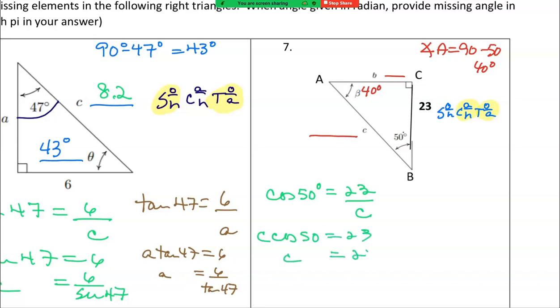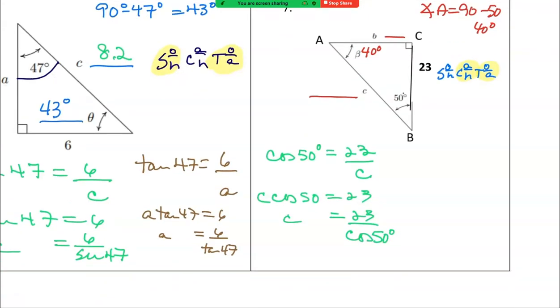Isolate your C, divide both sides by cosine of 50. And when I did that, I got C is 35.8. Now, that should be the largest side because that is the hypotenuse.